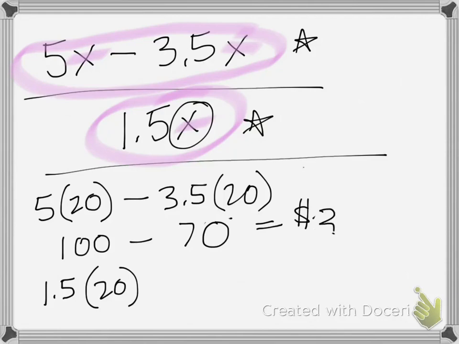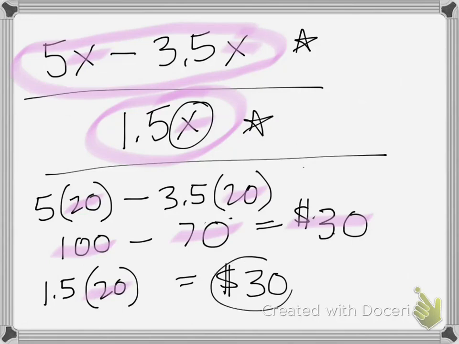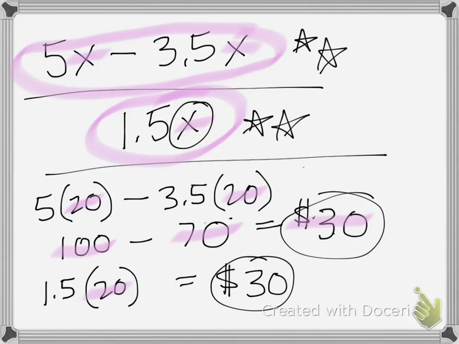So 100 minus 70 is 30. I'm plugging in 20 for my x, and so 5 times 20 is 100, 3.5 times 20 is 70, and my total here is 30. Then if I plug in my 20 for my x in the second expression, 1.5 times 20, that also equals $30. So we've proven again that these are equivalent expressions.